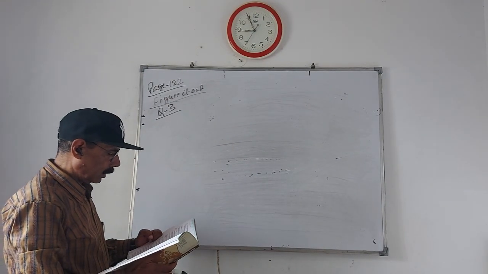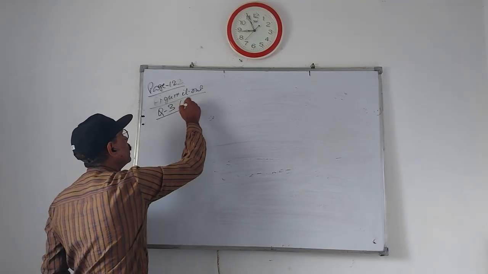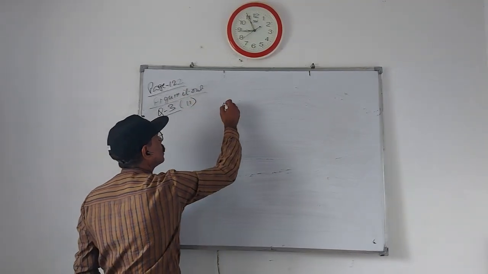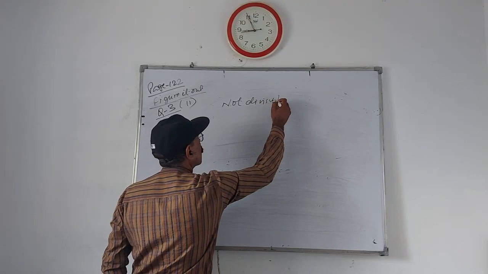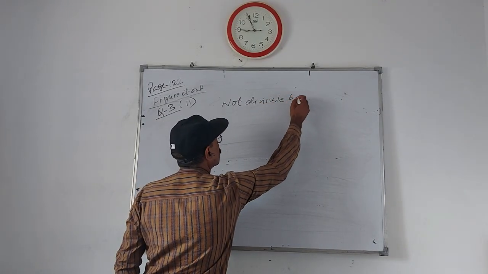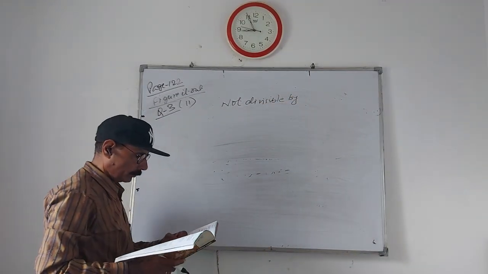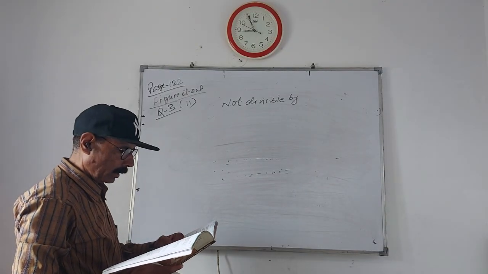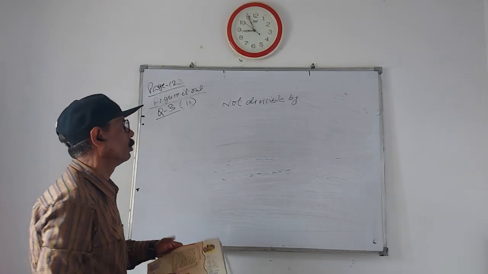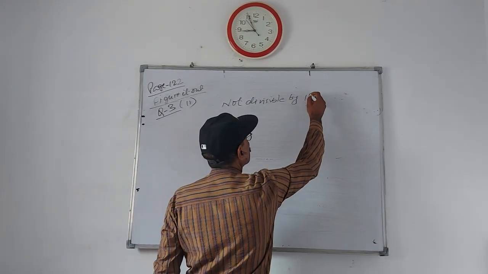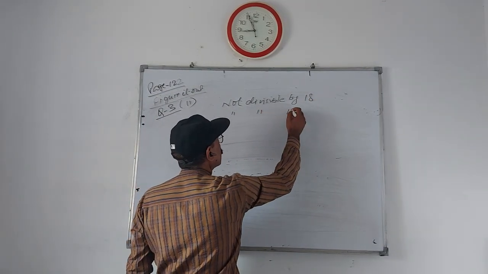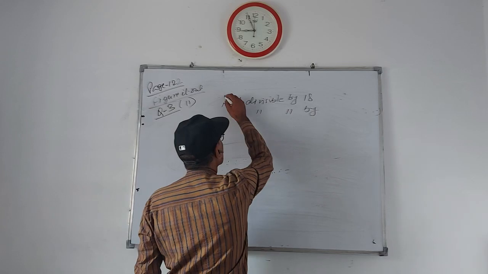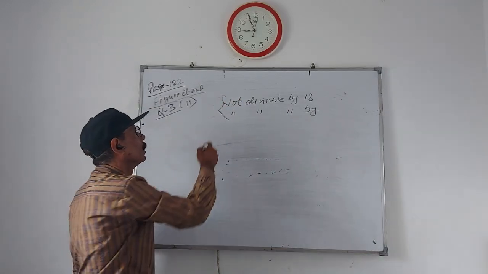If a number is not divisible by 18, then it is also not divisible by 9. This we have to check.